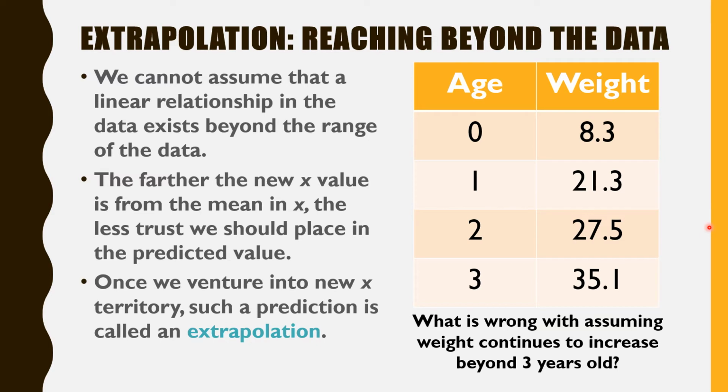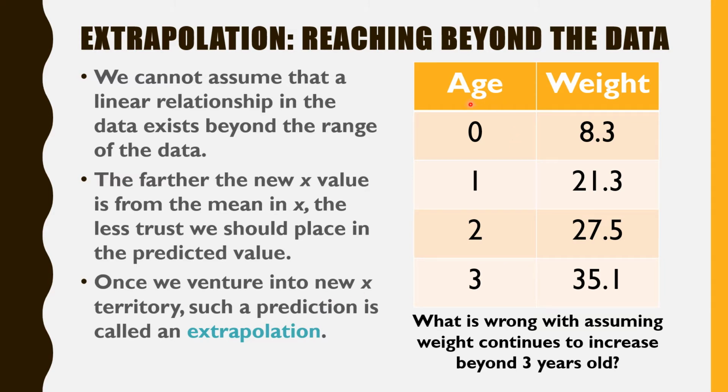Because if you think about it, it's not really realistic to assume that somebody's going to continue to gain about 7 pounds every year until they perish. That just isn't how humans grow, how they work. So that's what we call extrapolation. So anytime that you venture into new X territory, this is what we call extrapolation. So what do I mean by that?